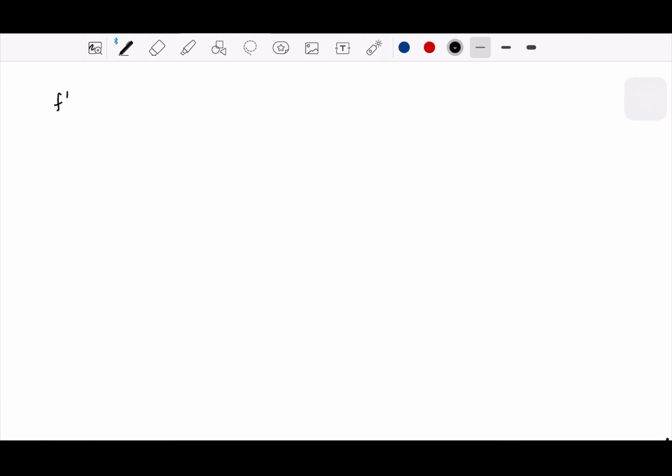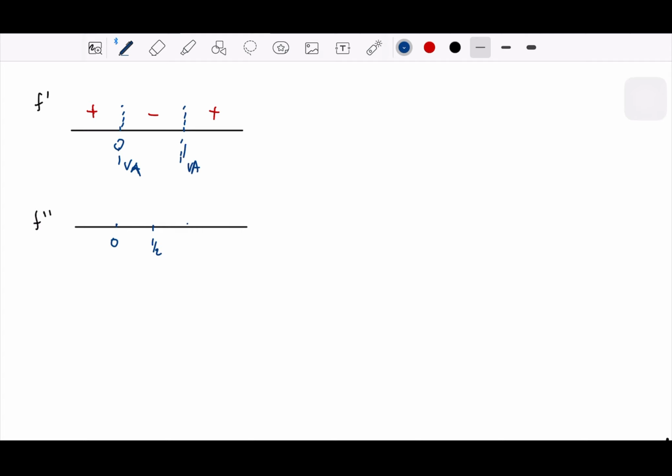So for f prime, we have 0 and 1 as our vertical asymptotes. This is positive, negative, positive. And for f double prime we have negative, positive, positive, negative, negative.